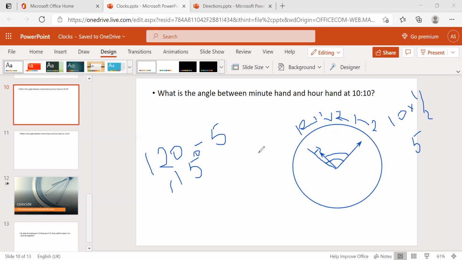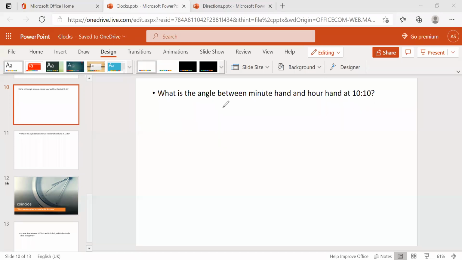115 degrees. Now, the same thing, let's try to solve it by formula. What's the formula? 30h minus 11 by 2 into minutes. What's the 30h here? 30 into 10 minus 11 by 2 into how many minutes? 10 minutes.